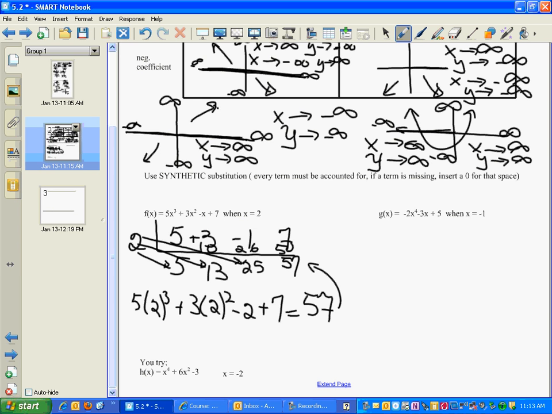So when you do synthetic substitution, this is called synthetic substitution. And our answer is our last value. So f of 2 equals 57.